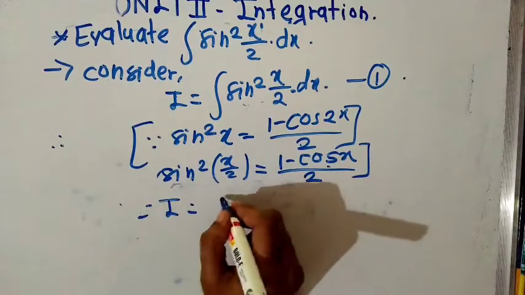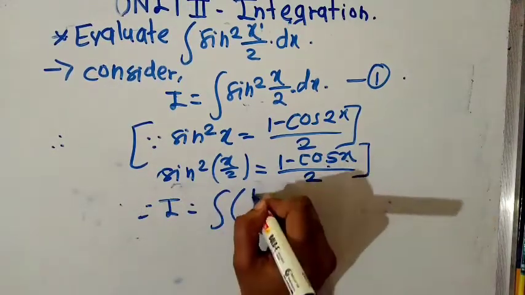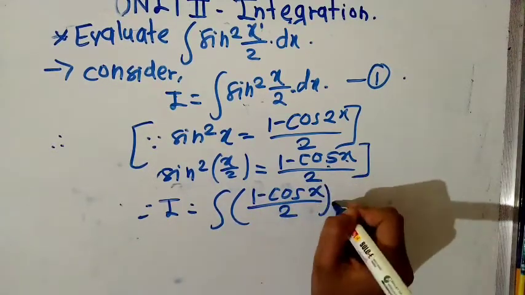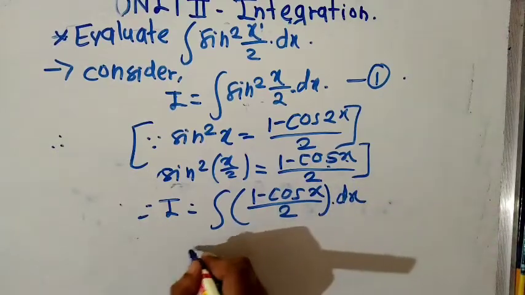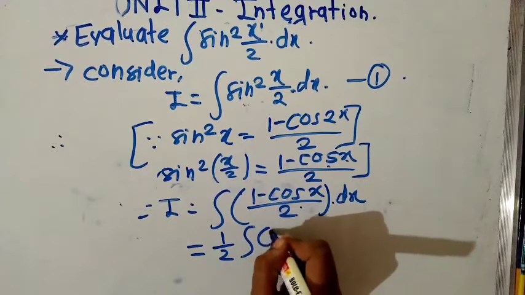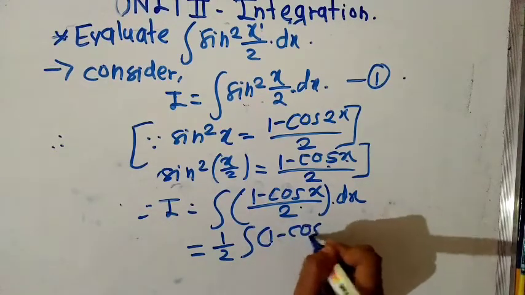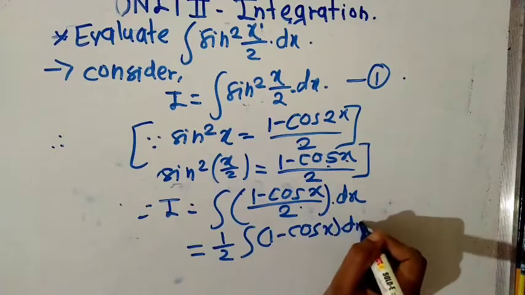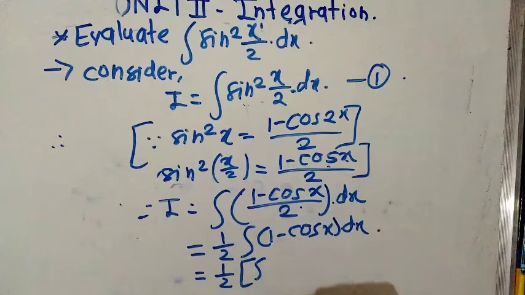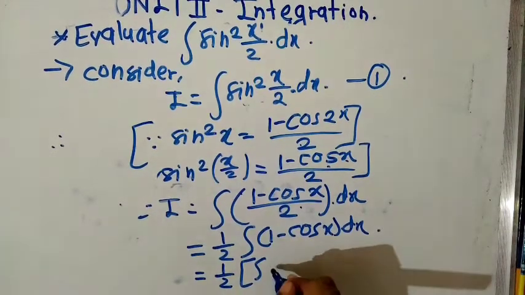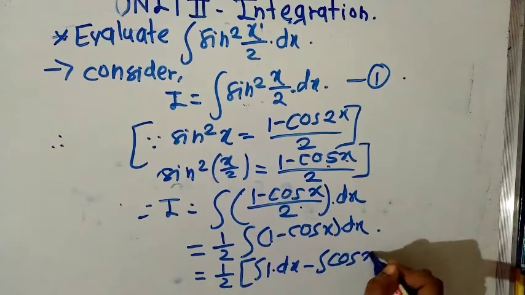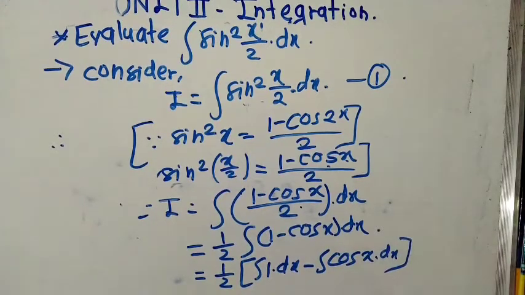I is equal to integration of (1 minus cos x) upon 2 into dx, which is equal to 1 upon 2 into integration of (1 minus cos x) dx, which is equal to 1 upon 2 into integration of 1 dx minus integration of cos x dx.